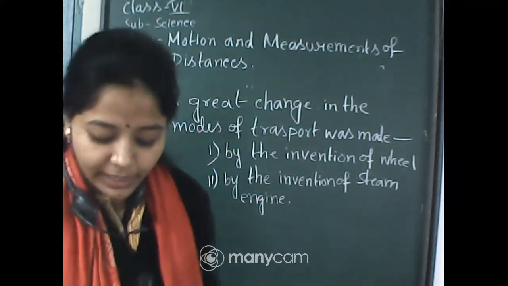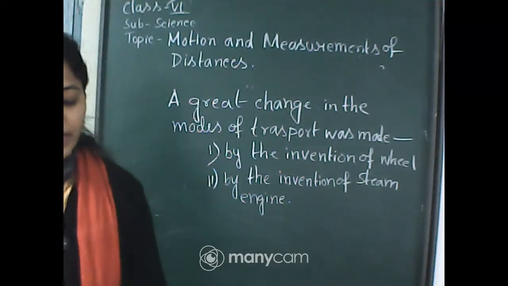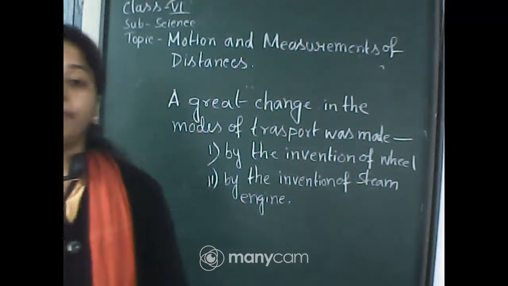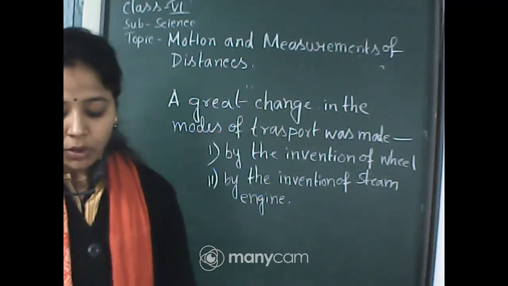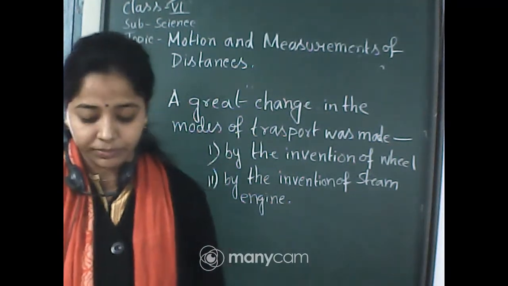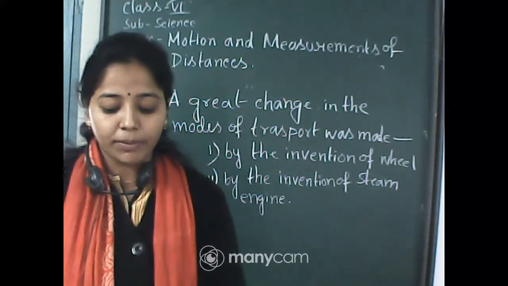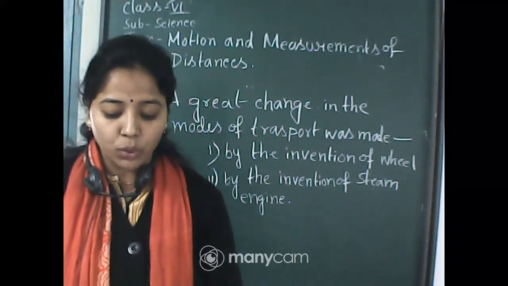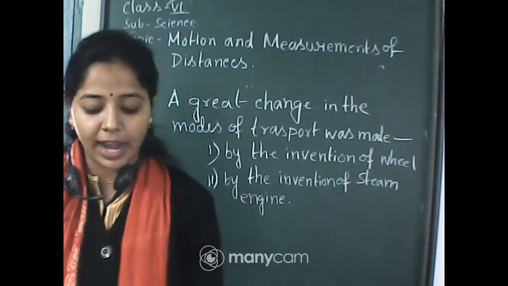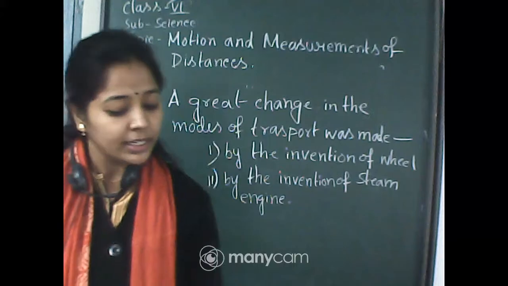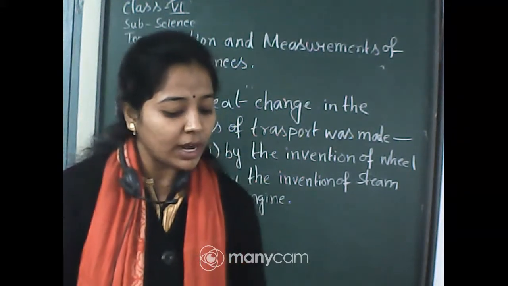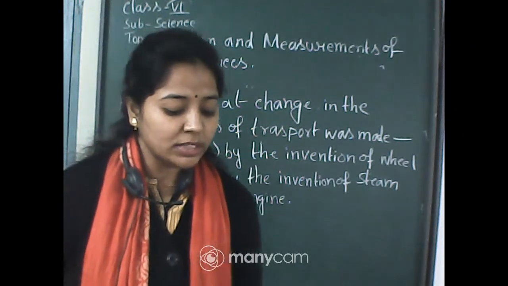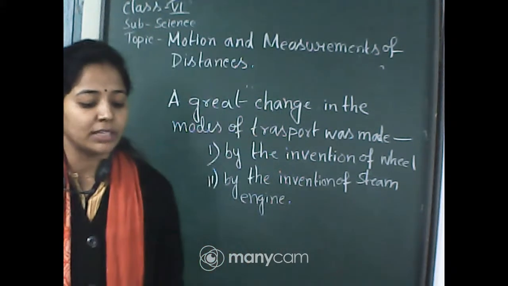Until the beginning of the 19th century, people still depended on animals, boats and ships to travel from one place to another. The invention of the steam engine led to the development of new means of transport: railroads were made from steam engine driven carriages and wagons, and later came automobiles such as motor cars, trucks and buses. Motorized boats and ships were also used as means of transport on water.